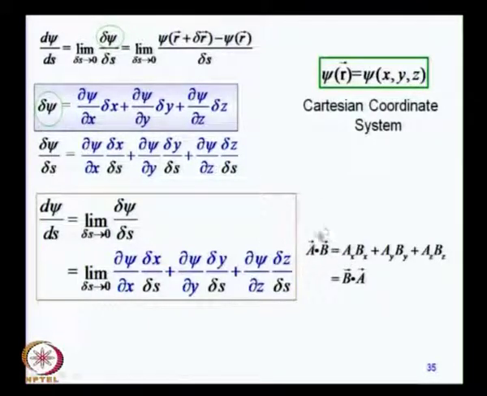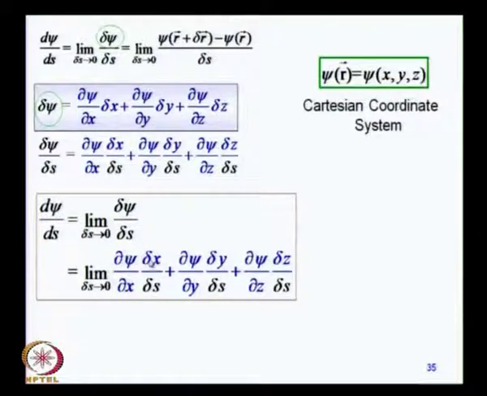Does it not remind you of this relation, that if you take the dot product or the scalar product of two vectors, it is ax bx plus ay by plus az bz, and scalar product being commutative, a dot b is the same as b dot a. So, you can write it either as ax bx plus ay by plus az bz, or bx ax plus by ay plus bz az. Now, the form of this expression here, can you not think of this as ax and this as bx?